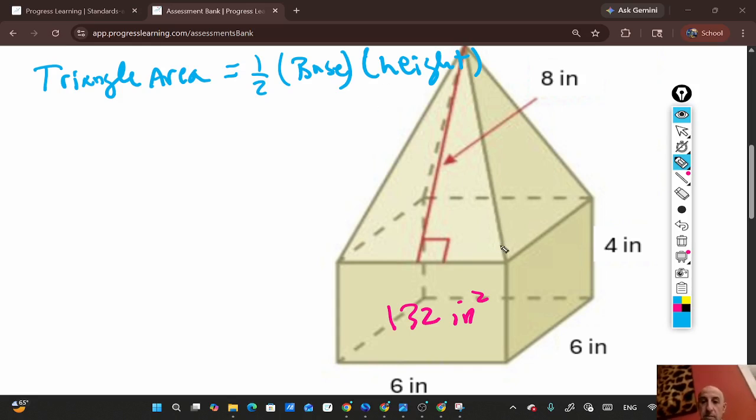Each base for the triangle is one side of the square. So here is 6-inch, here is 6-inch, 6-inch, and 6-inch.